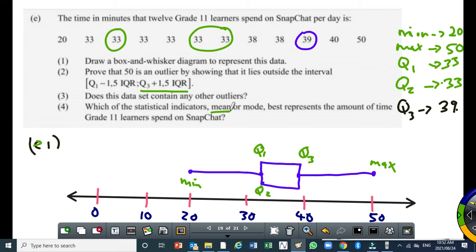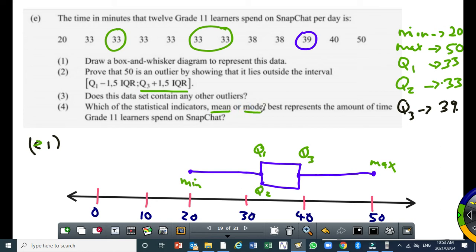The reason is that there are more values the same. In this case, we have got how many 33s? Six of them out of 12 values. So it would make sense to consider our statistical indicator as the mode for this question.